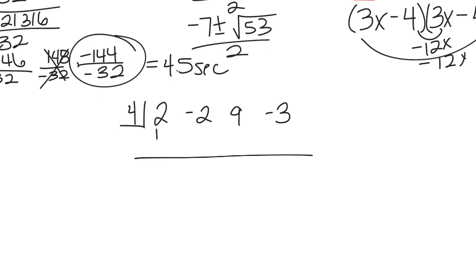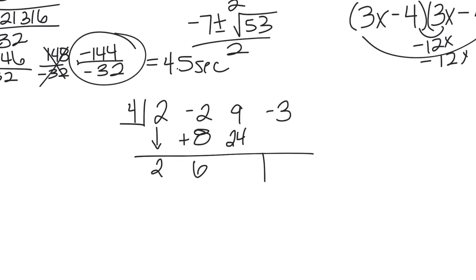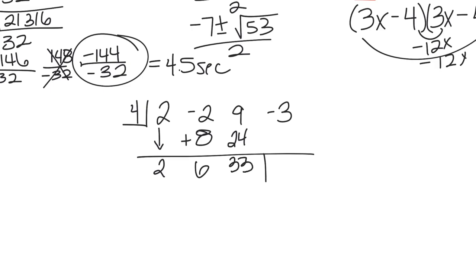And then I draw the line with a space underneath it so I can fill in my numbers. I bring down the 2, I multiply the 2 times the 4, and I put it in the next column. I put 8, and then I add to get 6, and then we multiply the 6 times the 4 to get 24, and we add it to get 33, and then we multiply 33 times 4.